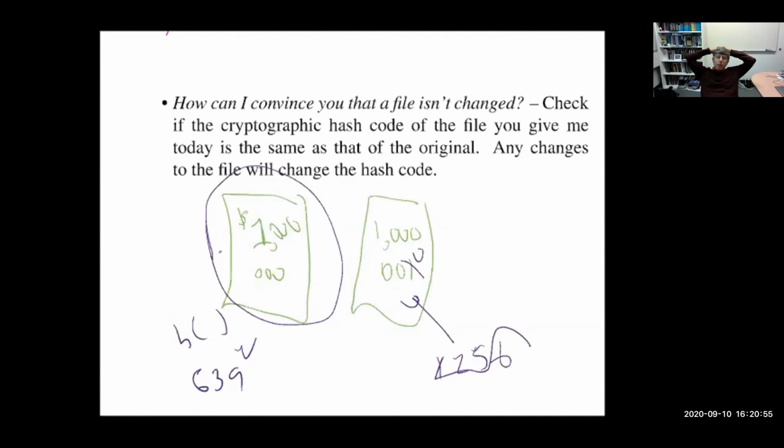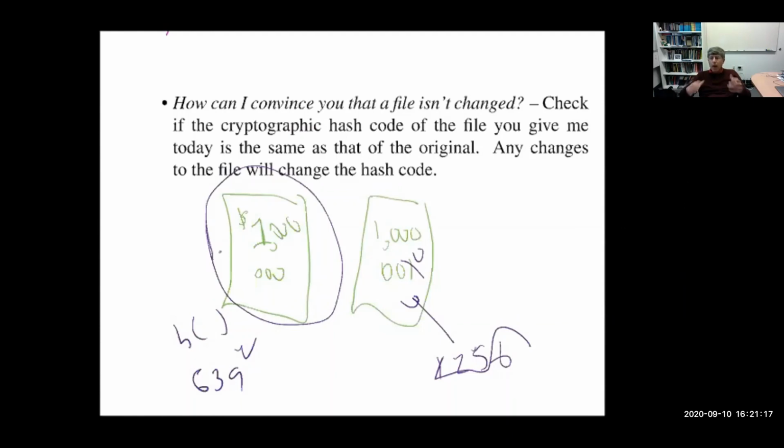Is it possible to give a hash code of the file that's slightly changed? Well, if I have a good hash function, that is very hard. You're saying, can I change the file to mean what I want it to mean, and yet have it have the desired hash code?